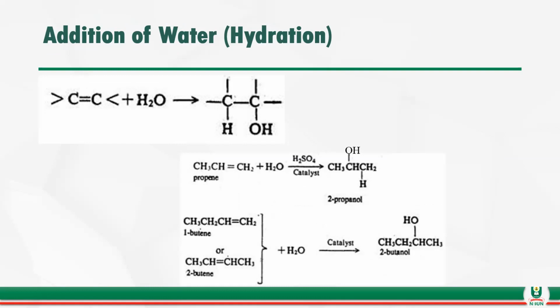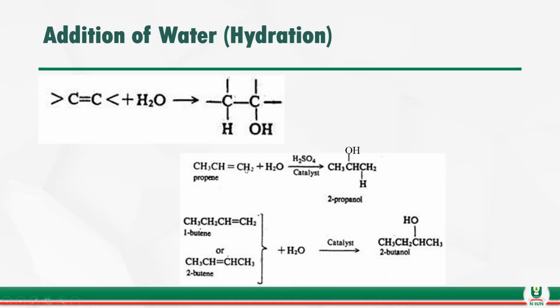So in hydration, or addition of water, we still follow Markovnikov's rule. So following Markovnikov's, the hydrogen goes to where there is more hydrogen, while the OH goes to where there is less hydrogen. So you can see what happened here to give H and OH. This OH is from water. The hydrogen is also from water.